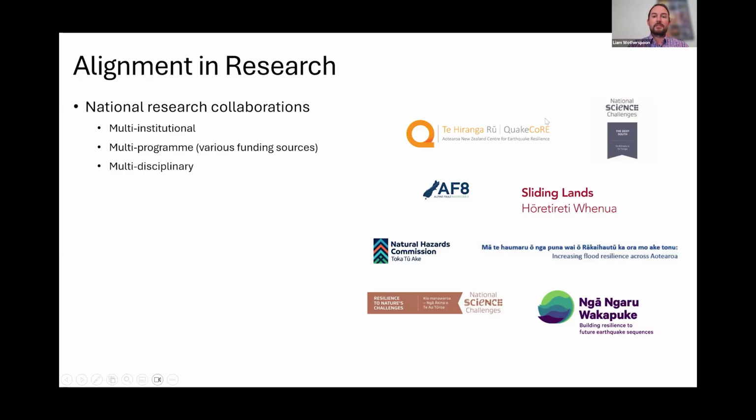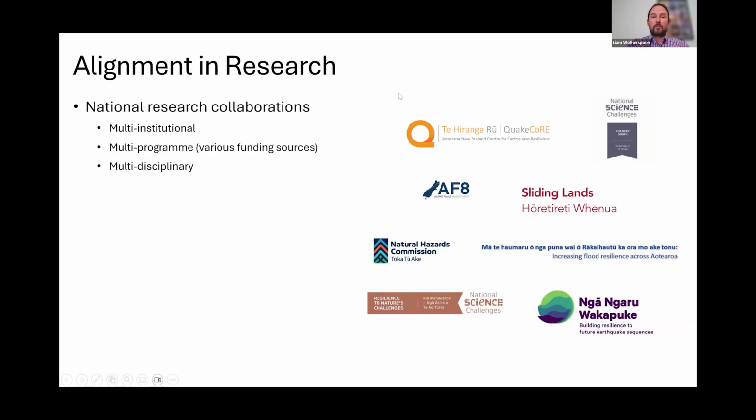We have various large multi-year research programs, some names shown here, cutting across all sorts of different hazards, but they're multi-institutional and multidisciplinary. I'm a civil engineer, but this cuts across from the hazard through to socioeconomic and everything in between.